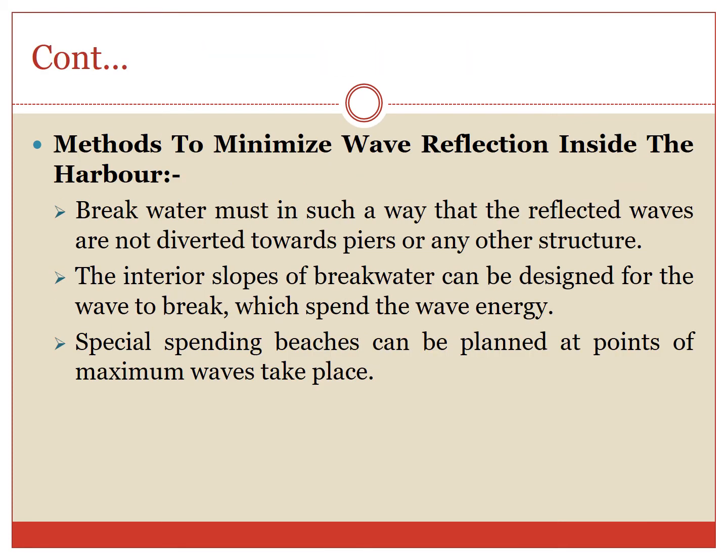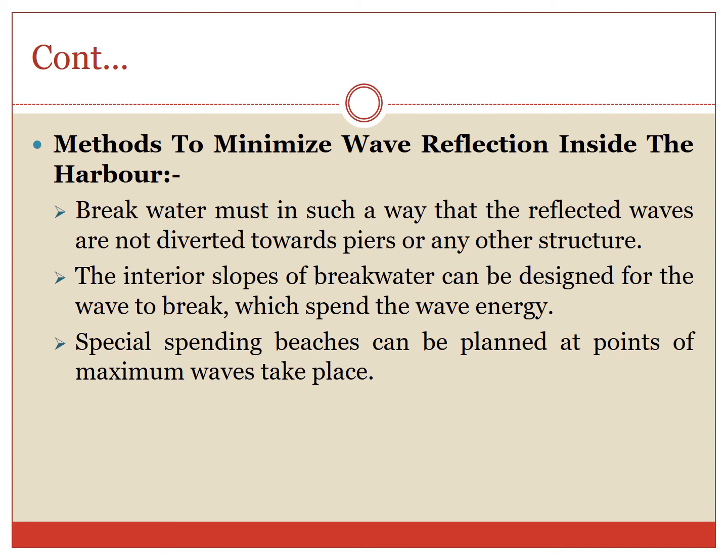So, the methods to minimize the wave reflection inside the harbor are: first, breakwaters must be aligned in such a way that the reflected waves from them are not directed towards the pier and other harbor structures, which may damage those structures by force.